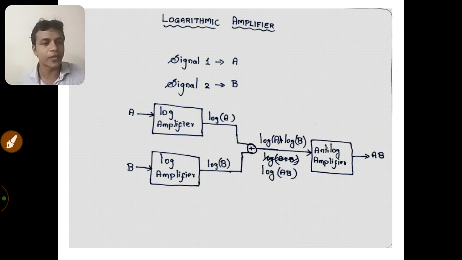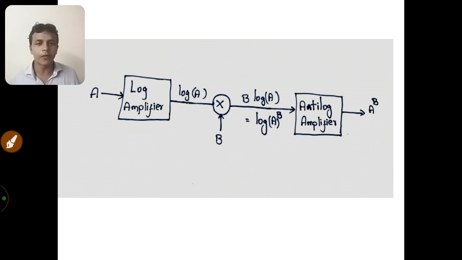Let me illustrate one more example. We can even find the power of signals. For example, if we need to perform the operation A power B, we can do it using this illustration.